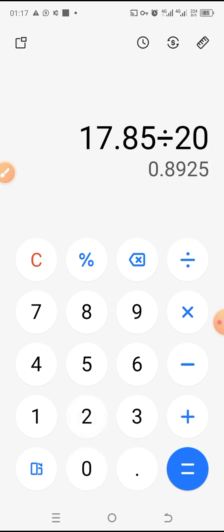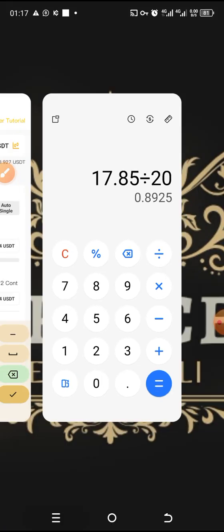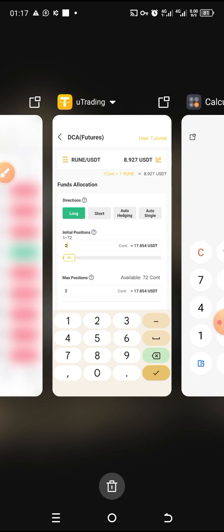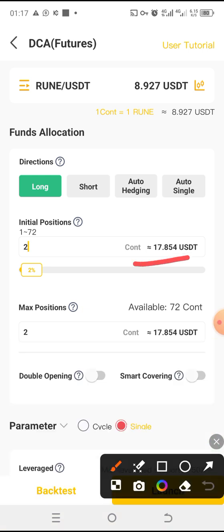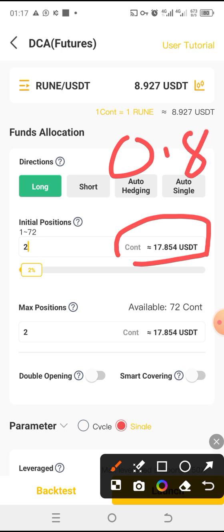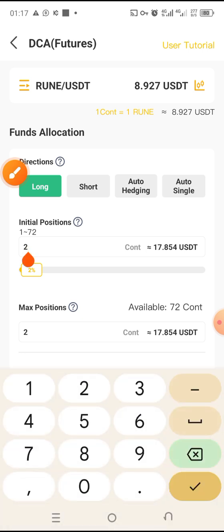So this is 0.8, which is okay. That simply means the system is going to be trading $17.8 while I'm actually putting in $0.8 into the system.